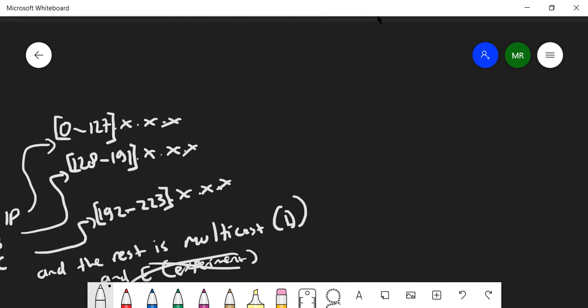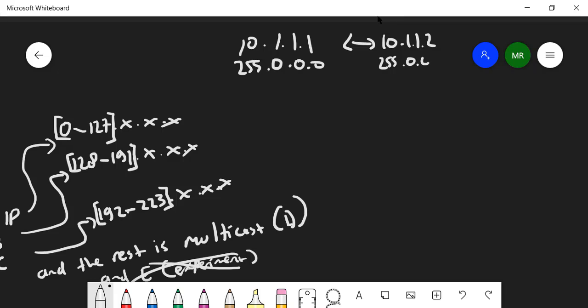Back to the question, how does 10.1.1.1 know if 10.1.1.2 is in the same network? Judging from the first octet, we have the number 10. And this number 10 is in the group of Class A IP addresses, and the subnet mask is the same as for the destination address.